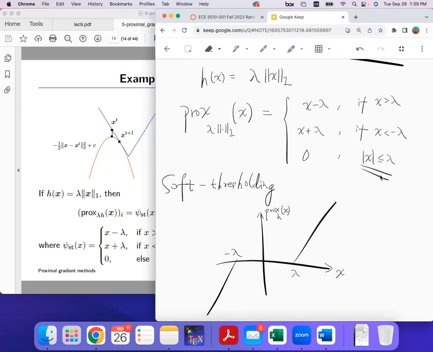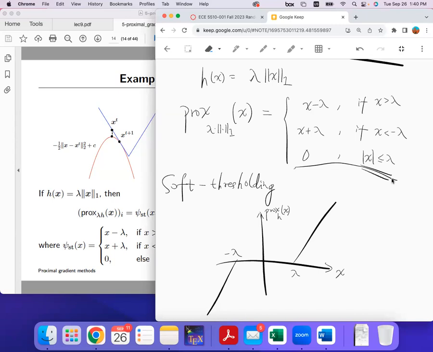First of all, it is a thresholding operator because the flat line is a filter. If it detects that for certain entries the magnitude is less than lambda, it will filter them out, right? That's why this L1 norm promotes sparsity. Because when you add that L1 norm and do proximal gradient descent, that proximal operator has this thresholding effect.